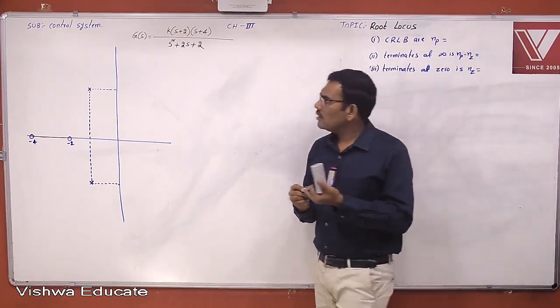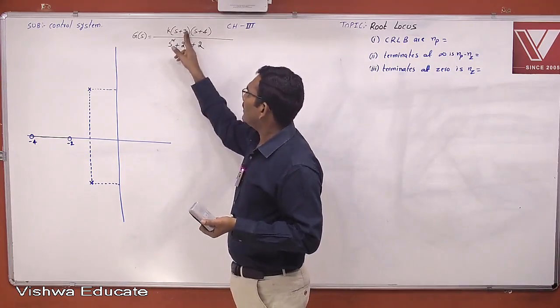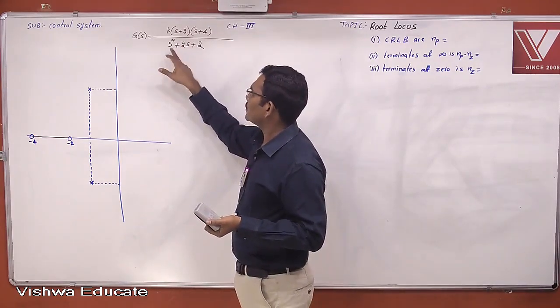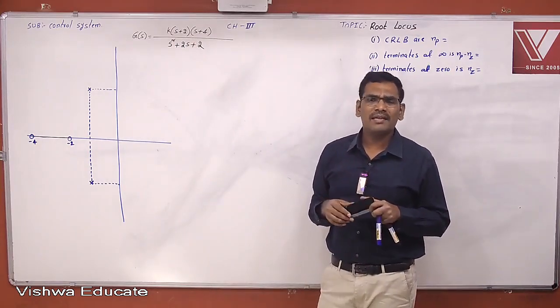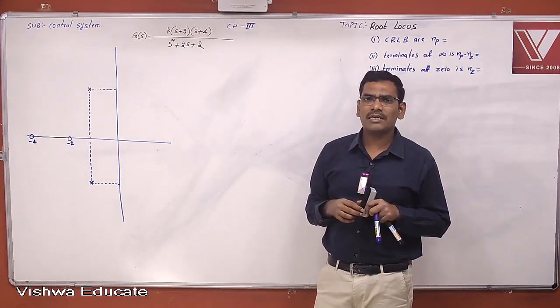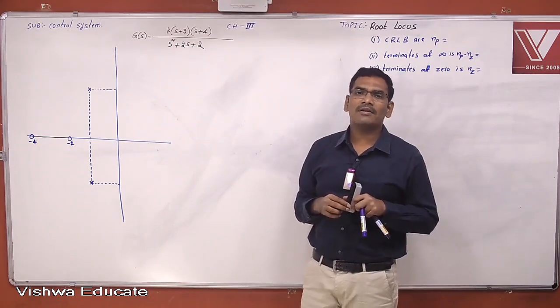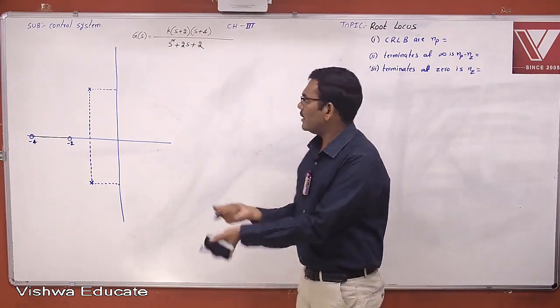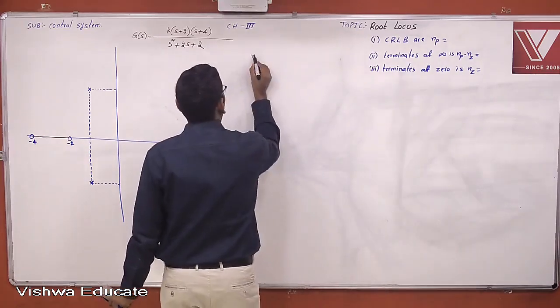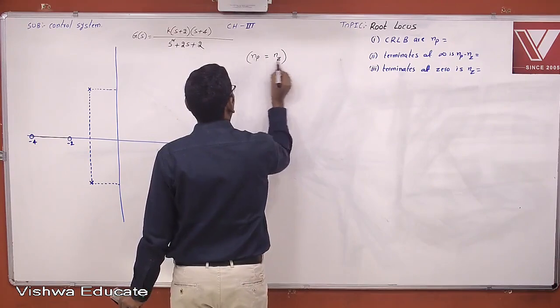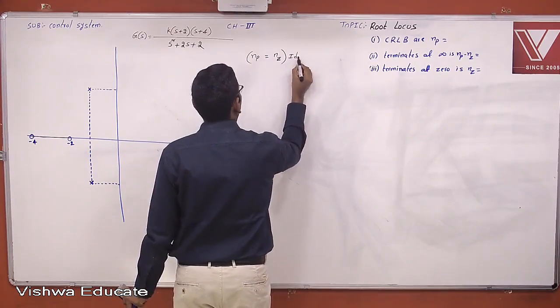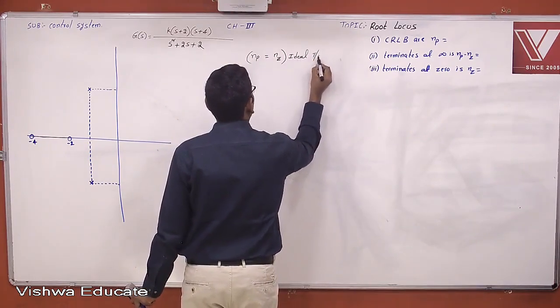Now the question is, we know only one thing: the number of poles and number of zeros are the same. What happens if the number of poles and number of zeros are the same? NP equals NZ, which is the ideal transfer function.